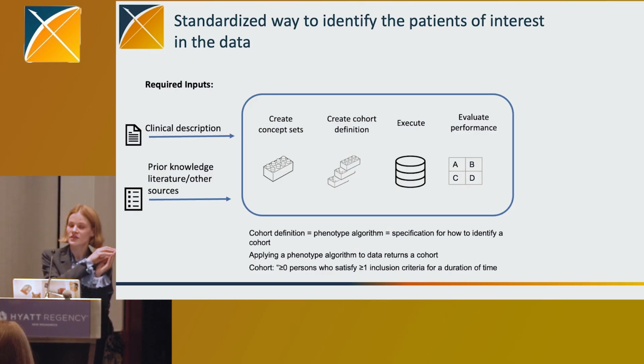There needs to be some criteria that they have to satisfy to be in the cohort, and then there's always an exit where you believe that they no longer have the disease of interest. So while we're going to primarily focus on the concept sets, we use them to create cohort definitions, to then execute those definitions against the database, and to evaluate performance.